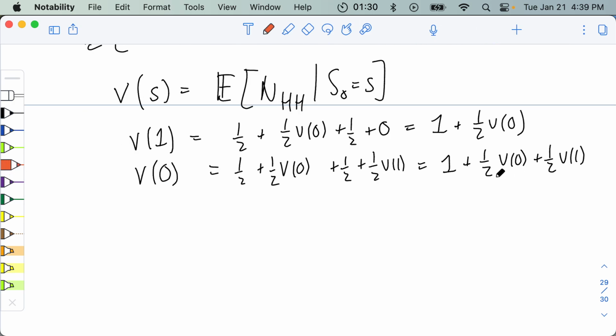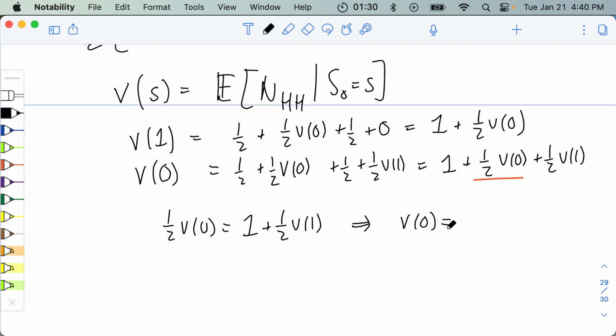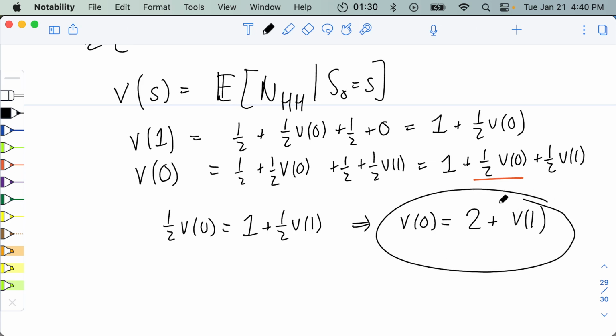And here's the beauty of algebra. You can move this to the left-hand side, right? So what you get is a half V of 0 equals 1 plus 1/2 V of 1. In other words, V of 0 is 2 plus V of 1. Okay, great. So whatever V of 1 is, V of 0 is that plus 2.